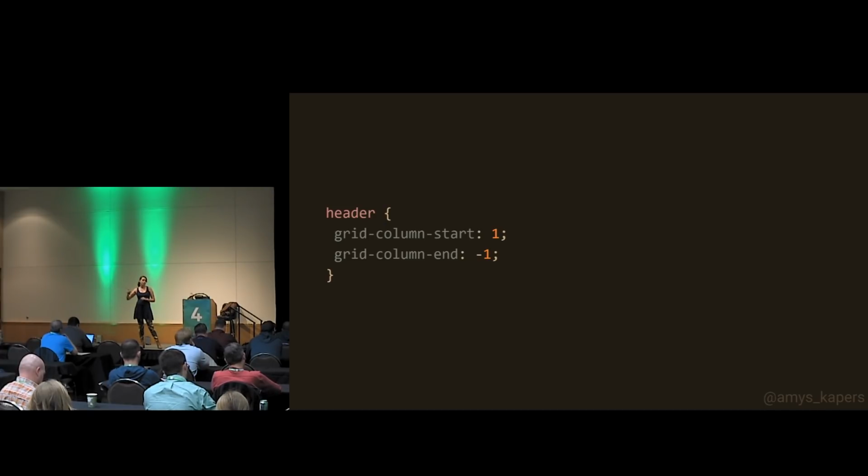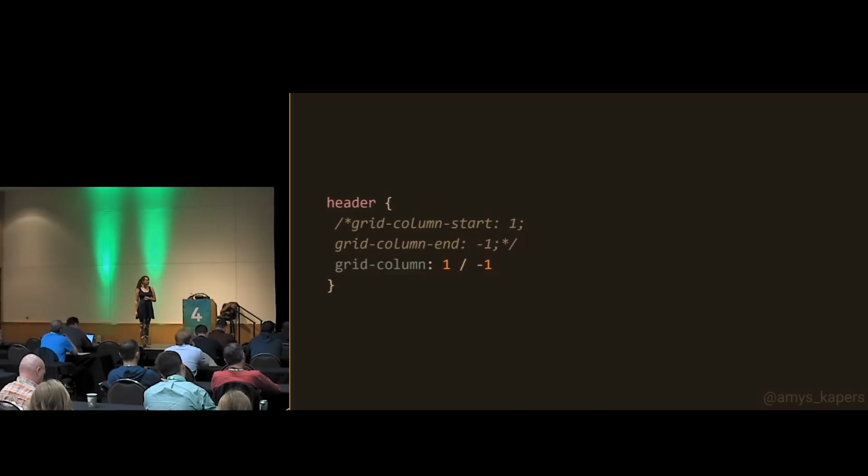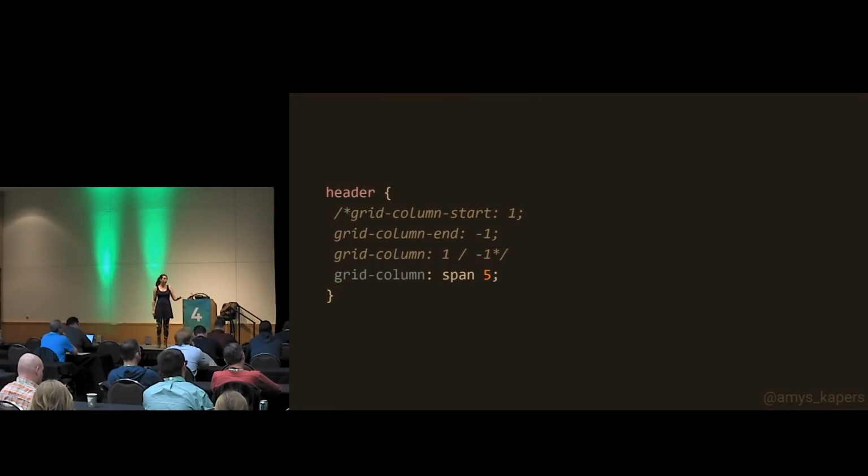What this does is it says I want to go right to the end no matter how wide the grid is. This means if we change how many columns wide it is, we don't have to go through and change this value. There's also a shorthand for this one, which is grid column 1 / -1, start at 1, end at -1, which is the very end. Or you can simply say grid column span 5, which means you work out where it sits, but I want it to span 5 columns, which is how wide our grid is.